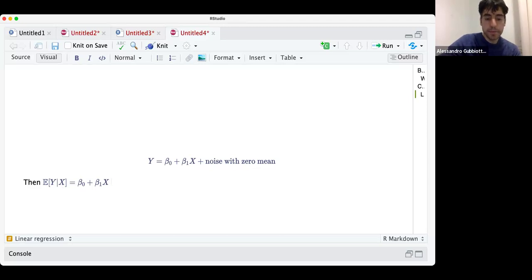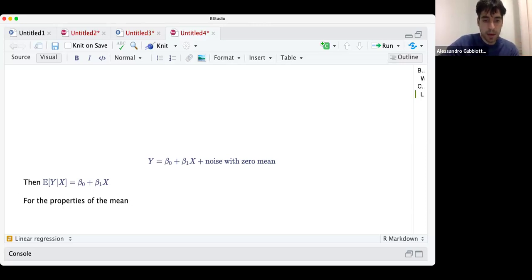Then, for the properties of the mean that we said in the previous lecture: if we center the squared error in the mean, we obtain the minimal value for the squared error.